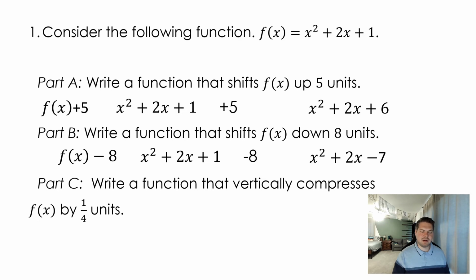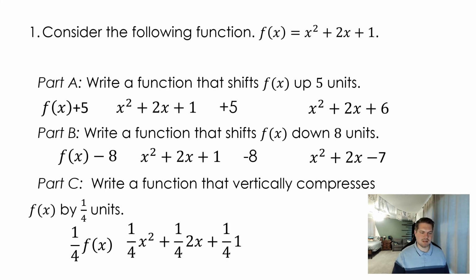All right, and now we're going to write a function that vertically compresses the graph by 1/4 units. So we are going to multiply 1/4 by f of x. This gets a little tricky if you want to multiply it out because you're going to basically multiply 1/4 times this whole thing.